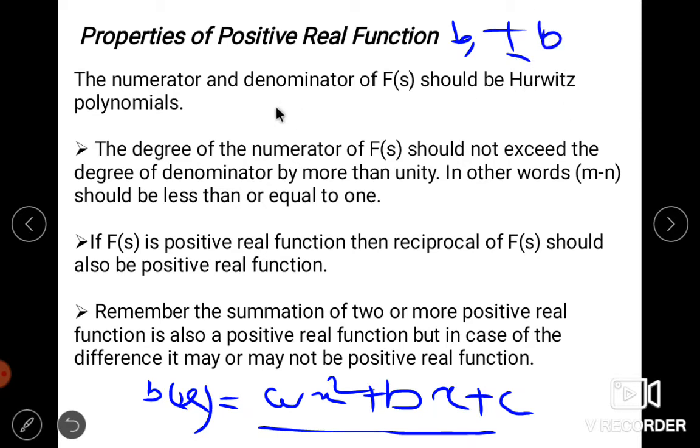The discriminant is D equal to b square minus 4 a c. Then the polynomial is always a Hurwitz polynomial.